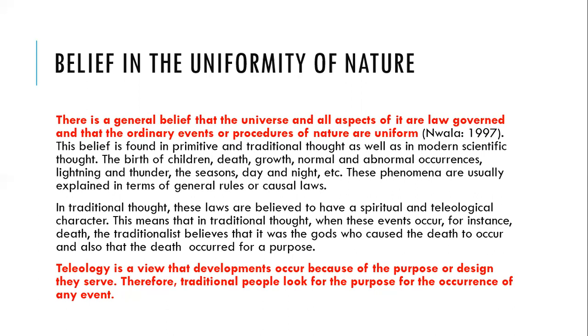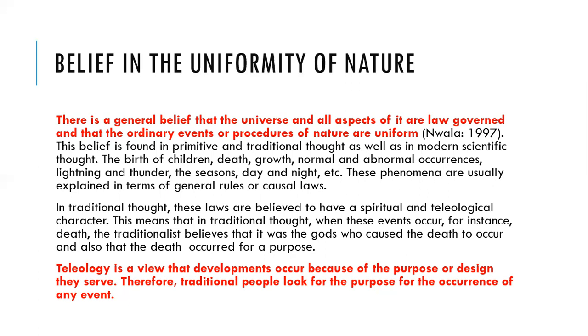Traditionalists will always look at these events from a spiritual or teleological perspective. Teleology is a view that developments occur because of the purpose or design they serve. So they believe that nothing just happens, and they look for the purpose for the occurrence of any event.